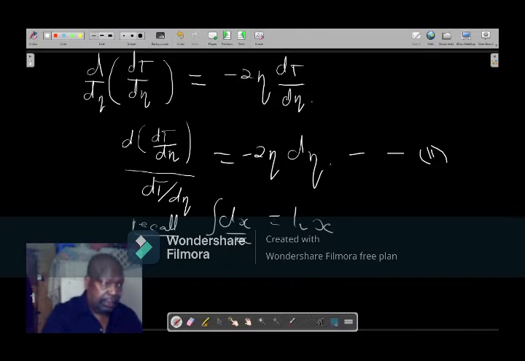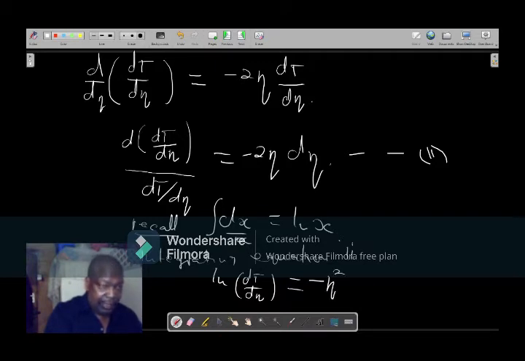So integrating 2, we'll get ln of dt by d eta equals minus eta squared plus a constant of integration that we'll call c1.